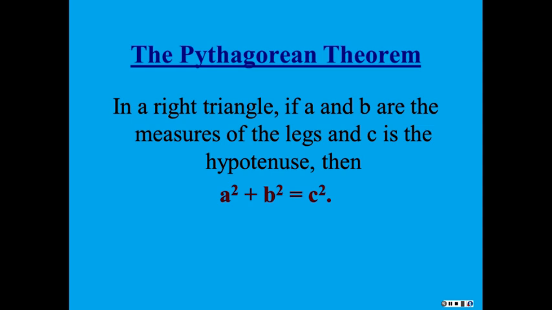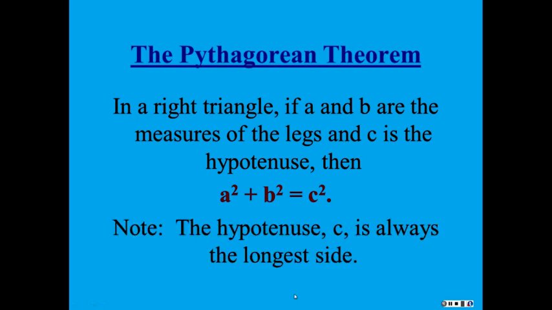I know you did it. You did it with your triangle theory. Okay? A is your height in your triangle, and B is your base. C is the diagonal or the hypotenuse, which is opposite your right angle. It's always the longest side.